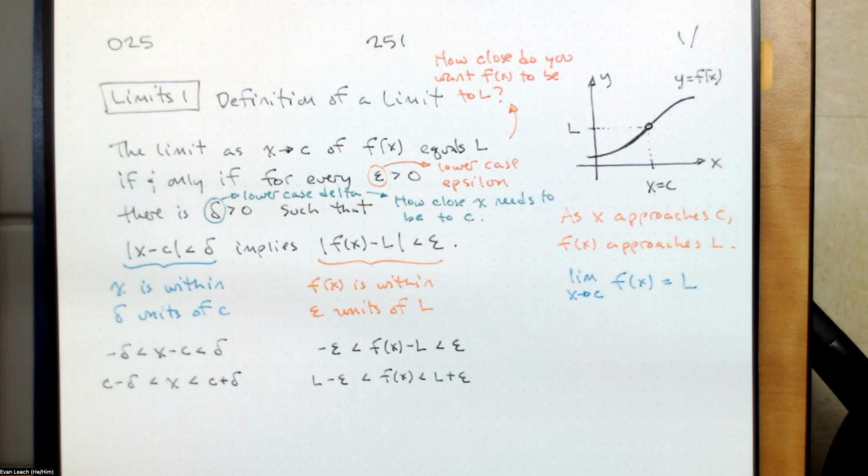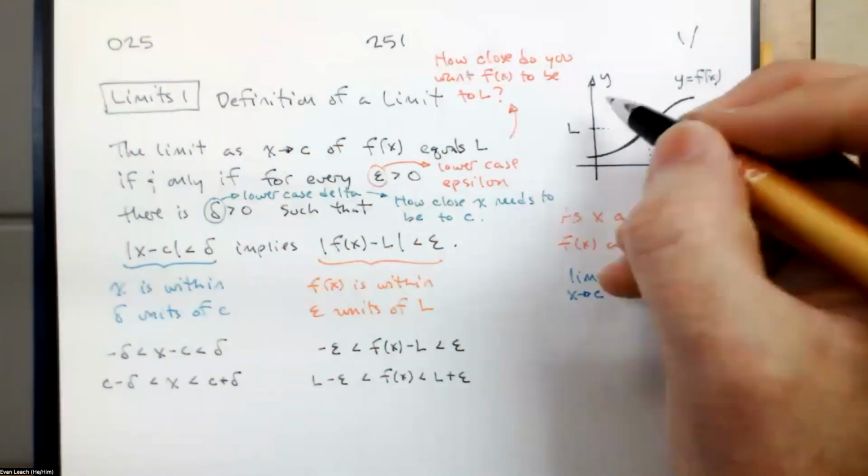If we look at the picture, when I say x is within delta units of C, x is between C plus delta and C minus delta, and we want f of x to be between L plus epsilon and L minus epsilon. So we're trying to make this happen.